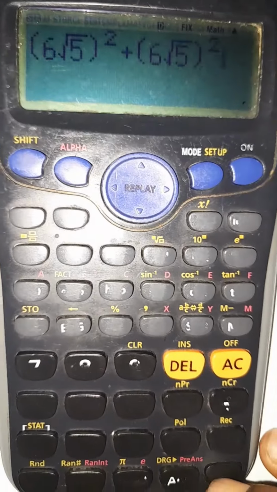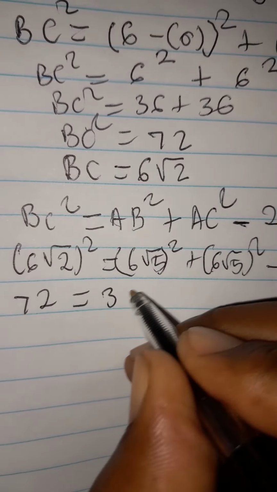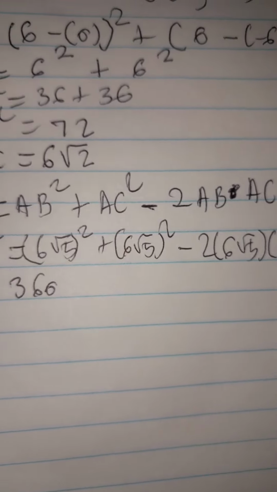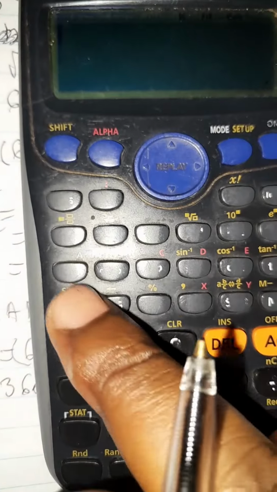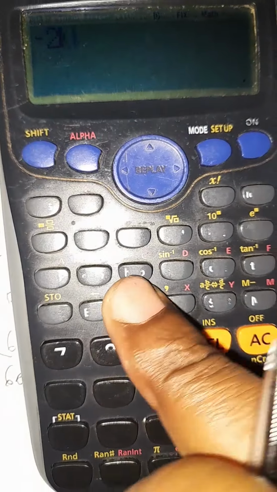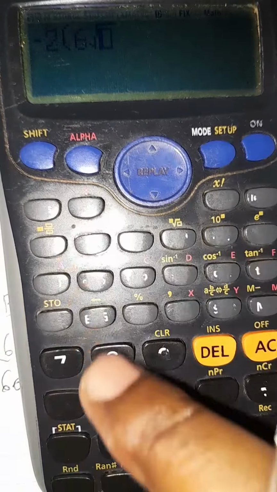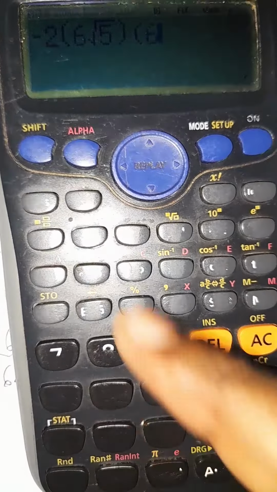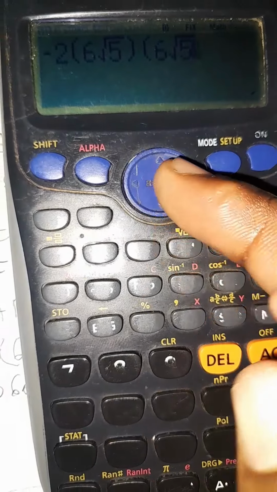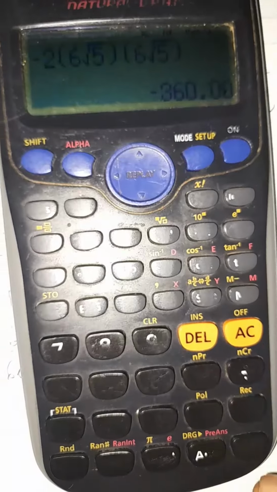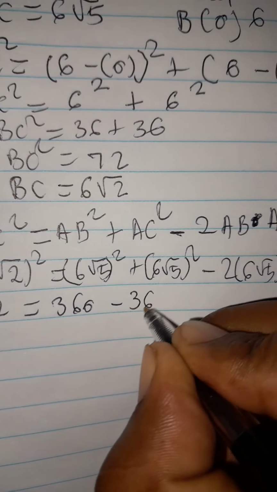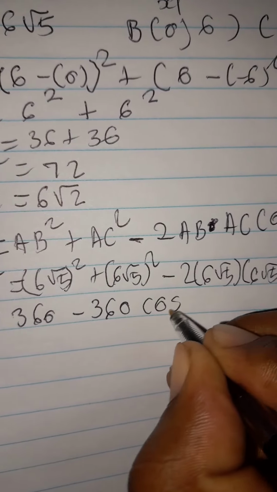So that will be 360. Similarly, even this will give us 360, but let's confirm that. Negative 2 times 6 root 5, as well as 6 root 5, that will be minus 360, as well as we have minus 360 cos A.